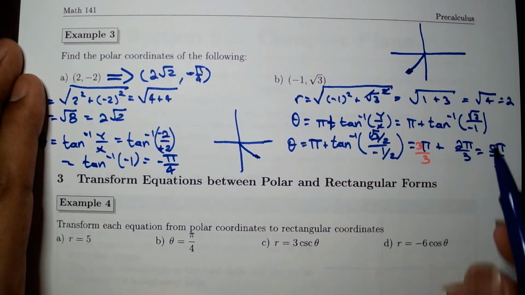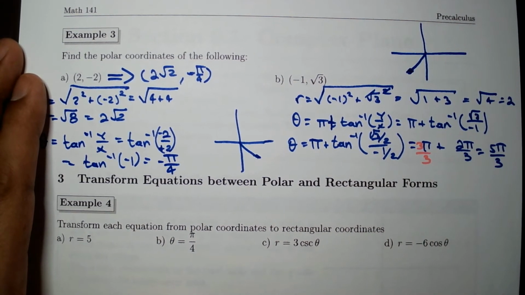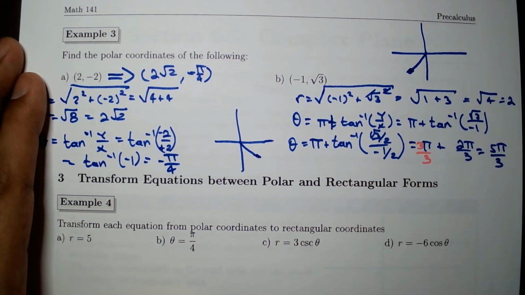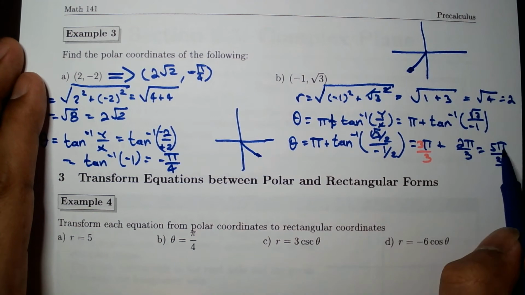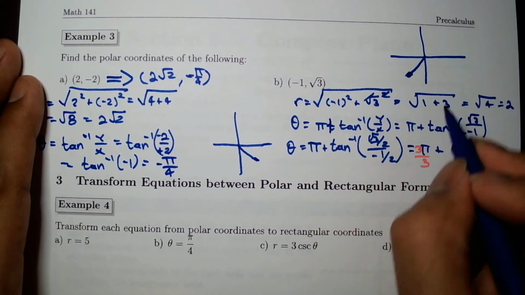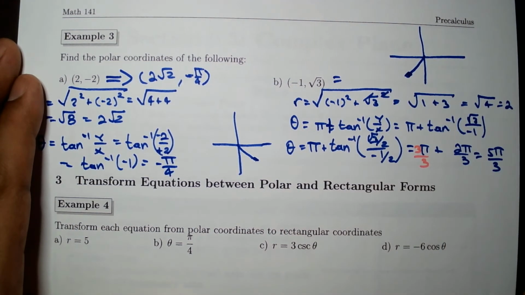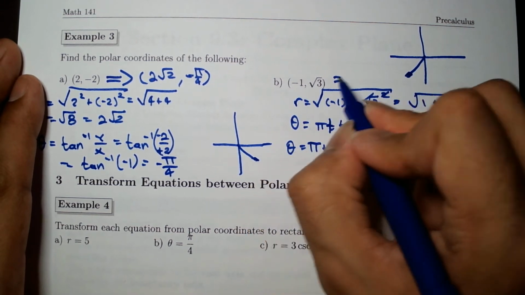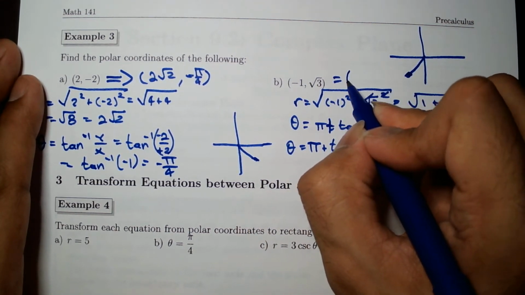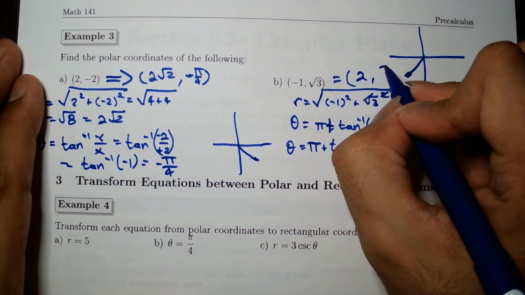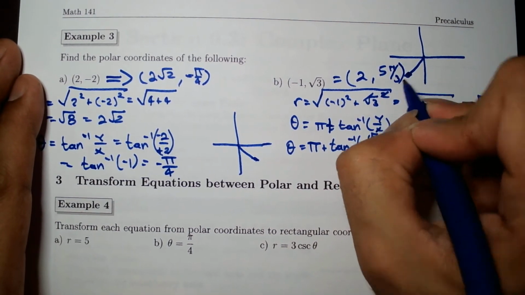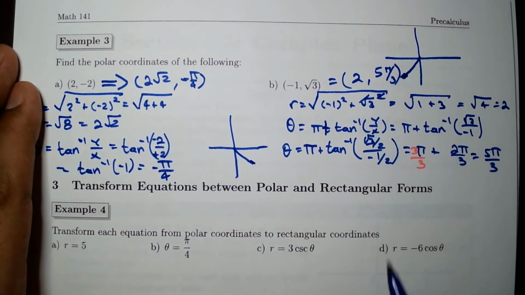Oh, wait a minute. No, hold on. That's second quadrant. No, never mind. Yeah, that's 5 pi over 3. Yes, that's correct. So this point will be then, instead of -1 comma root of 3, the radius is 2 and the angle 5 pi over 3. All right. Final answer to this one.